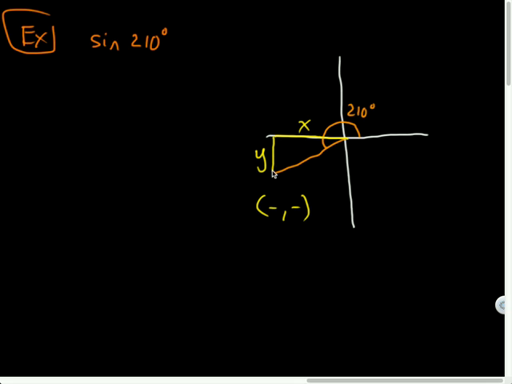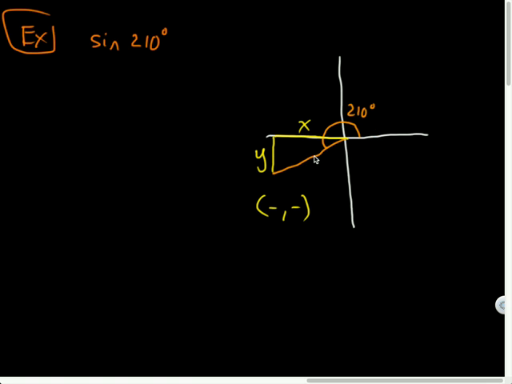Anyways, so sine of 210 degrees. I don't know what that is, but what is the reference angle here? Is this the reference angle? No. Is this the reference angle?